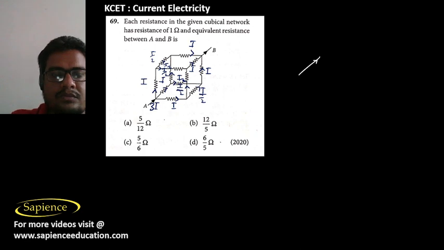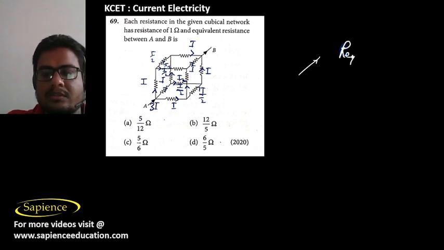Then if we apply Kirchhoff's voltage law, the R equivalent will be equal to VA minus VB divided by 3I.